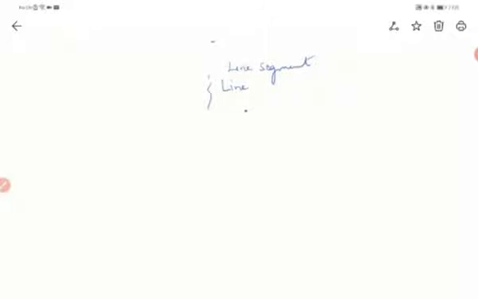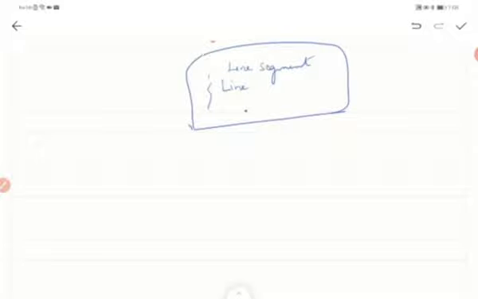Okay, so one by one, when we take examples, it will be clear for you all. Now I hope all these will be clear for you: line, segment, ray, what is a line, or what is a dot, and so on.